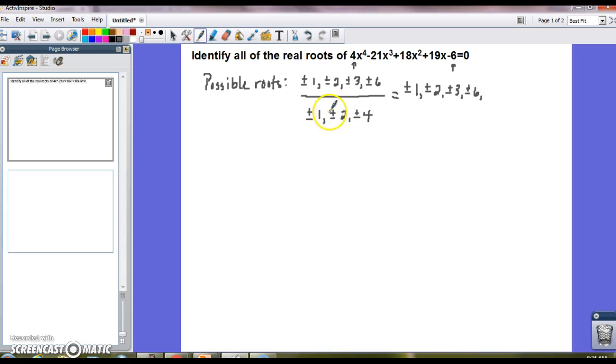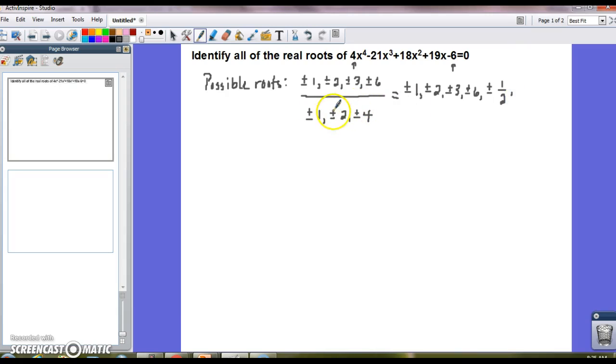But now I have to go on to the second denominator here, which is 2. So now I have to take every term in the numerator and divide it by 2. So I could also have plus or minus 1/2, because I would have 1 over 2.